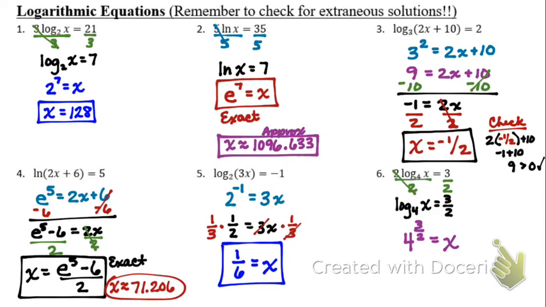It's a root. Whatever my denominator is, that's my root. What's the denominator? 2. So what kind of a root? Square root. Square root of 4 to the third power. 2 to the third power equals x. So x is 8.